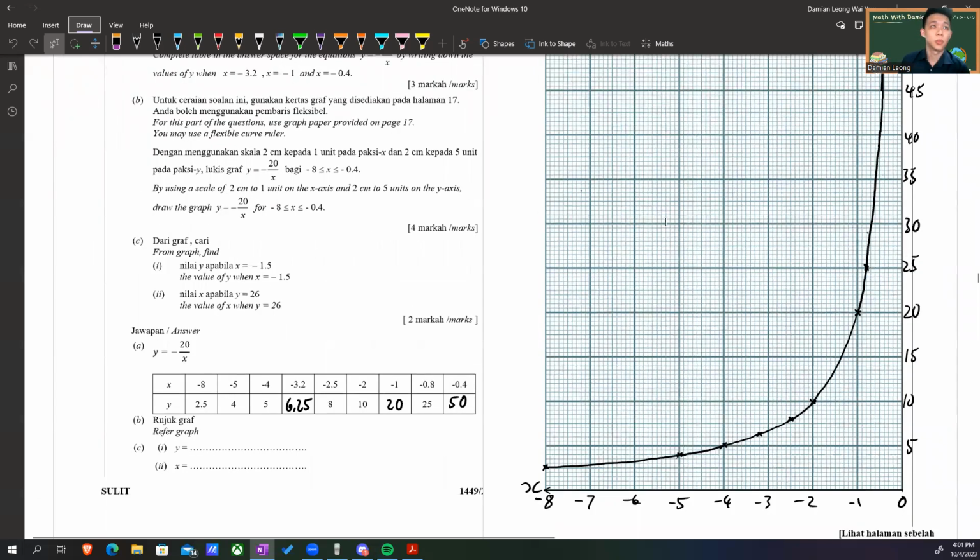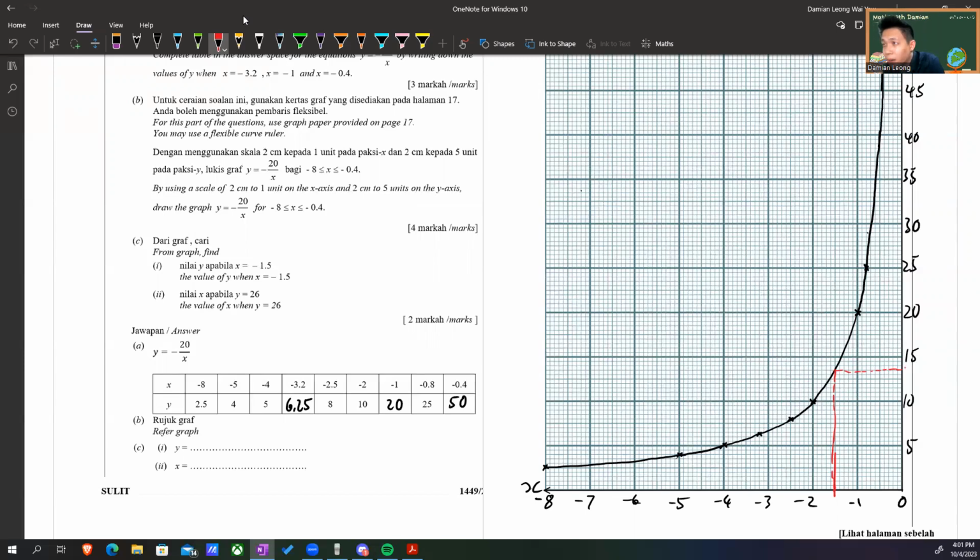Then for part C, I need to find from the graph the y value when x is negative 1.5. Negative 1.5 x value here. If I match to the curve and go to the y-axis, I can see what y value it gets.